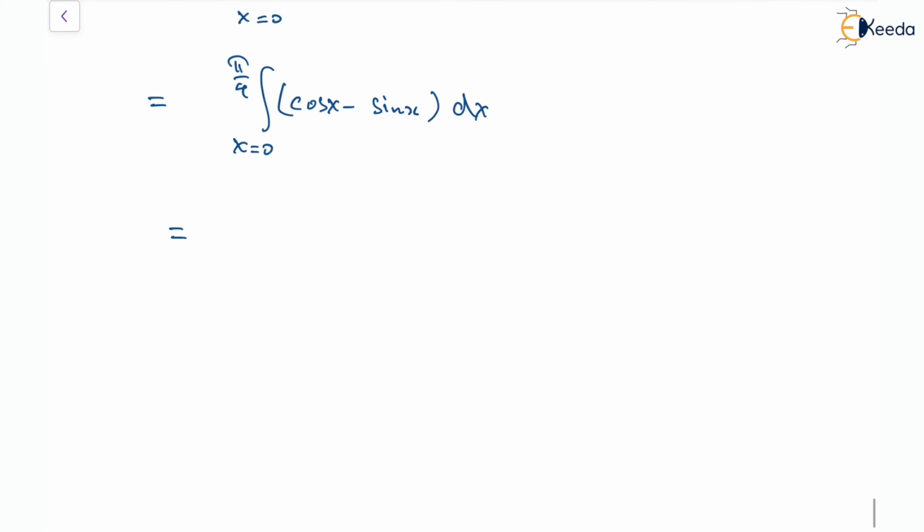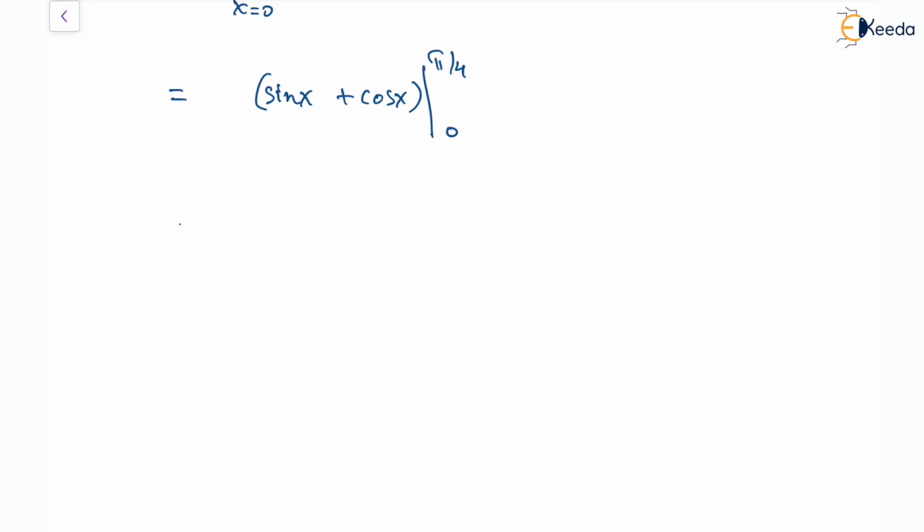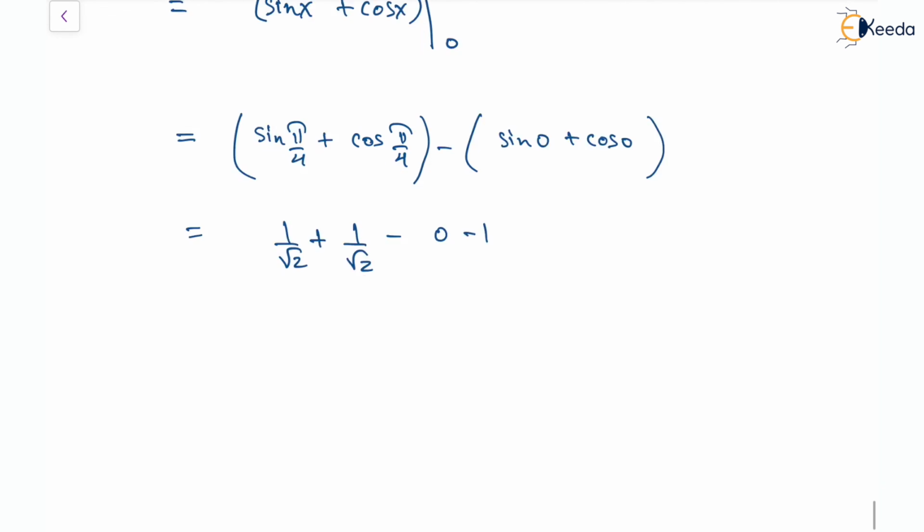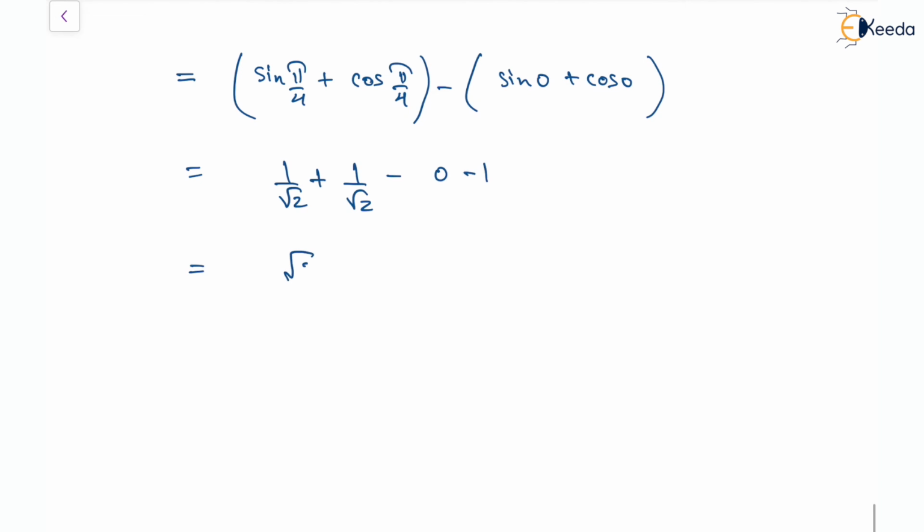So the limits for y give cos x minus sin x, which needs to be integrated in terms of x from 0 to pi by 4. The integration of cos x is sin x, and of minus sin x is cos x. So we get sin pi by 4 plus cos pi by 4, minus sin 0 plus cos 0. This is 1 by root 2 plus 1 by root 2, minus 0 and minus 1. So 1 by root 2 plus 1 by root 2 becomes root 2, minus 1.